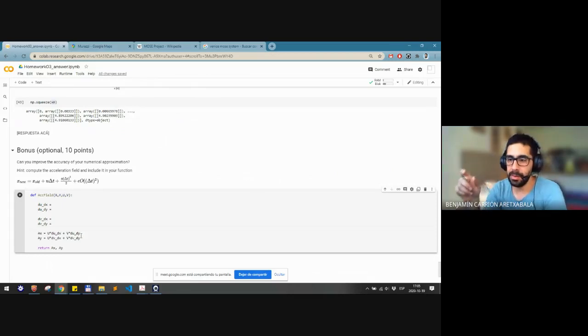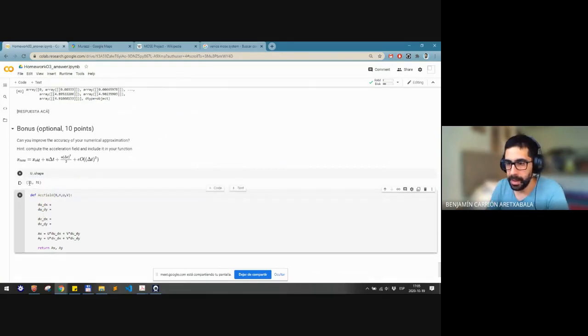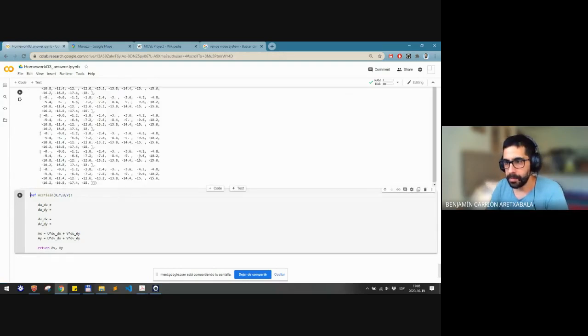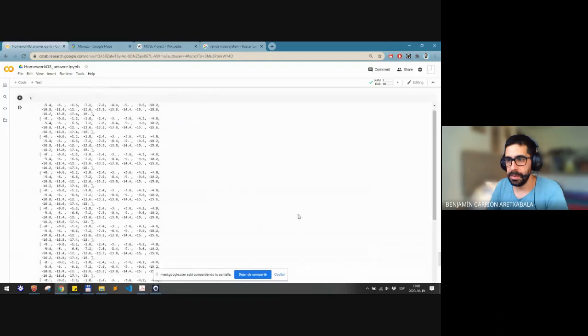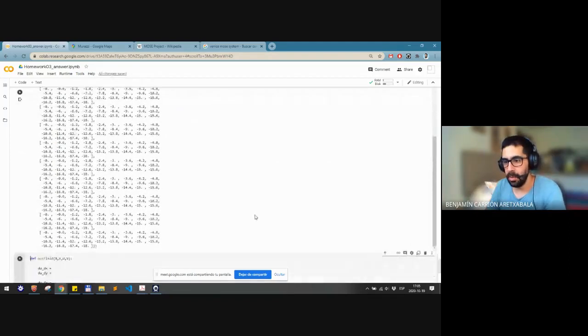The thing that you need to realize is that if you take the difference, for instance, U is a matrix, right? So you can see U, and what we are interested in is the difference along x and along y.